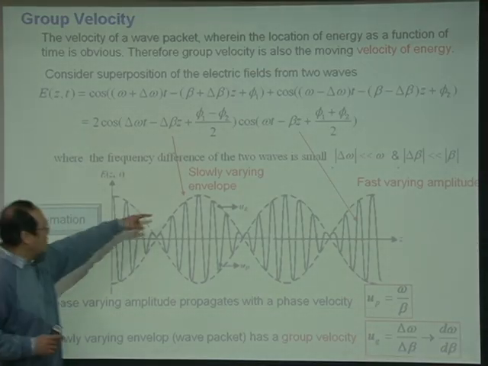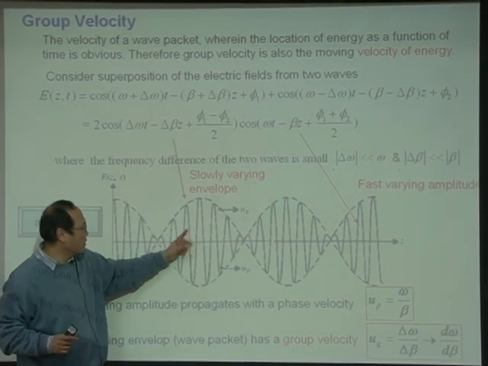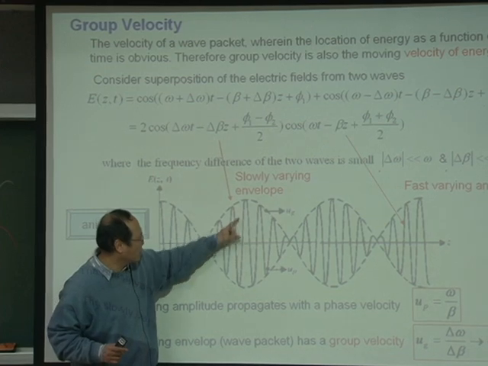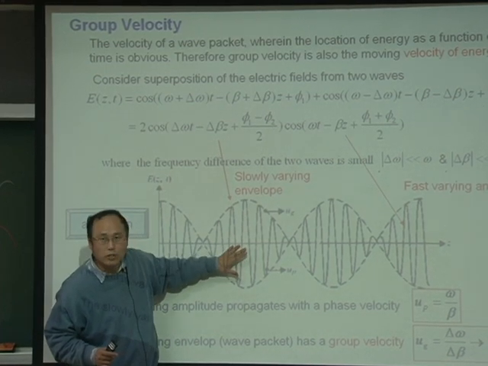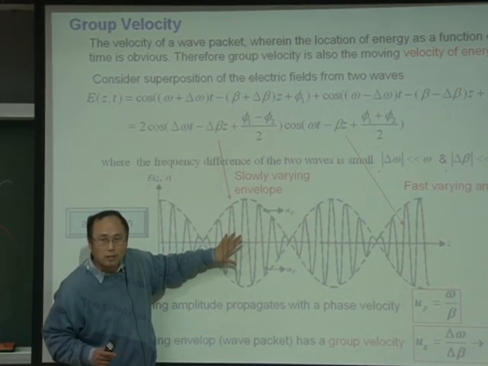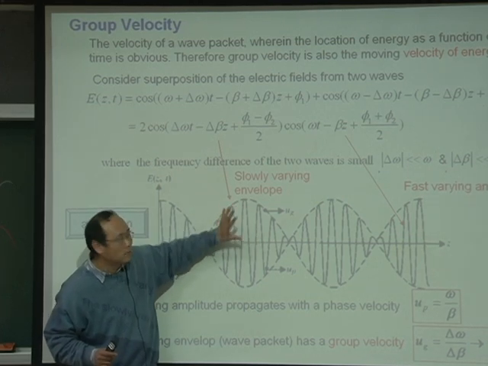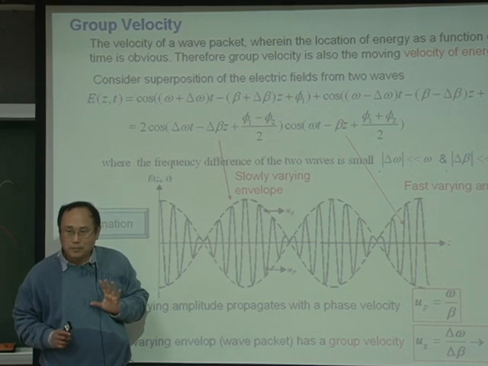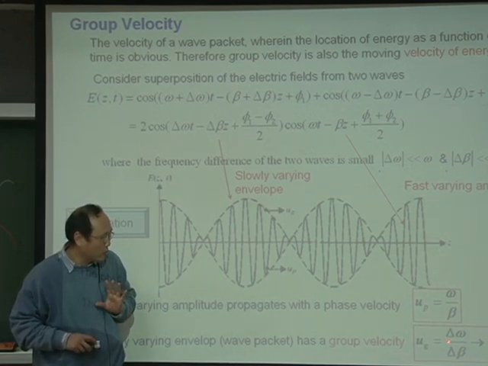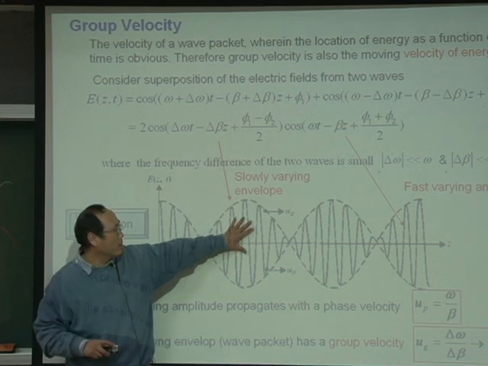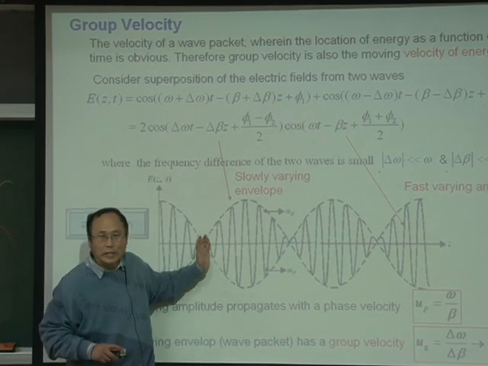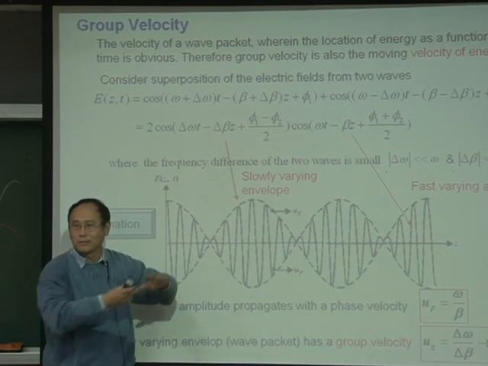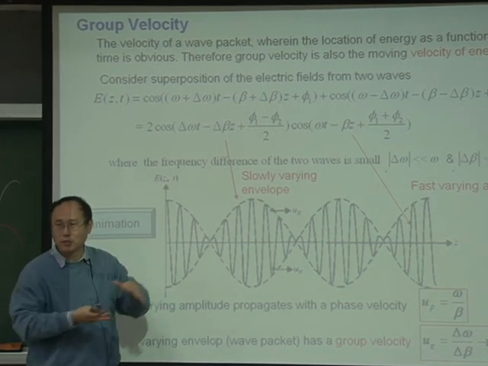If the speed of the wave packet is the same as the speed of the phase oscillation components inside it, the pattern inside does not change. Any questions? If the phase velocity equals the group velocity, the pattern does not change inside the envelope because they move together at the same speed.